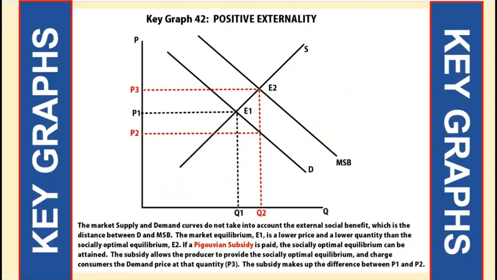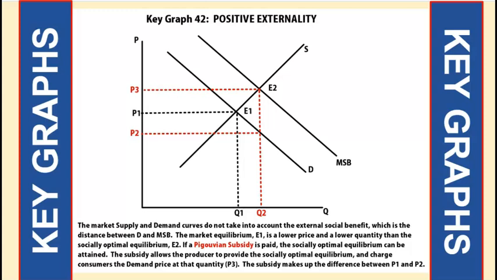And that leads us to key graph 42. So notice here, we have the demand, which is a marginal private benefit. Everything is at P1 and Q1. That is the equilibrium at E1. And notice that if we create a Pigouvian subsidy, named for the economist Pigou, that is essentially creating the marginal social benefit.